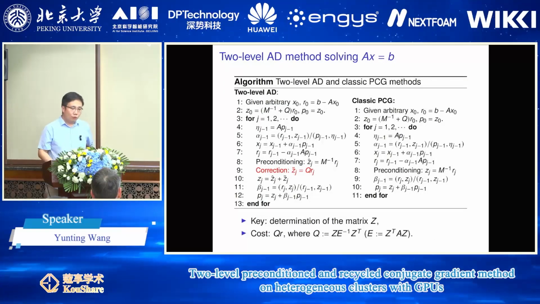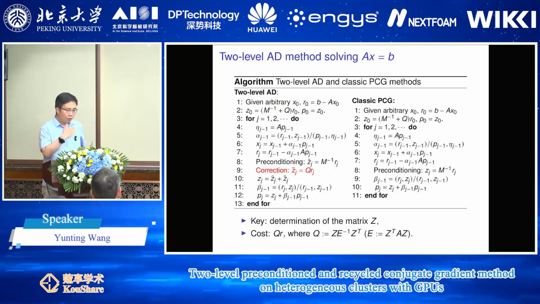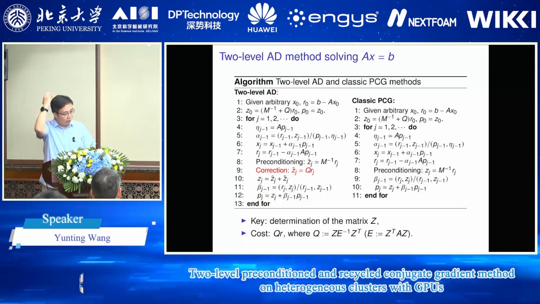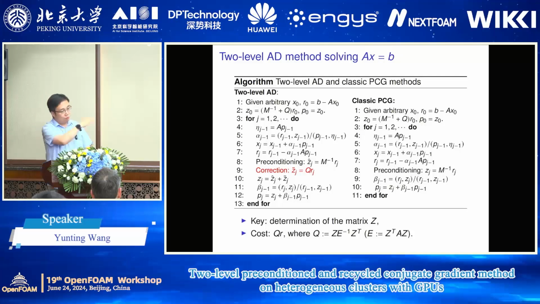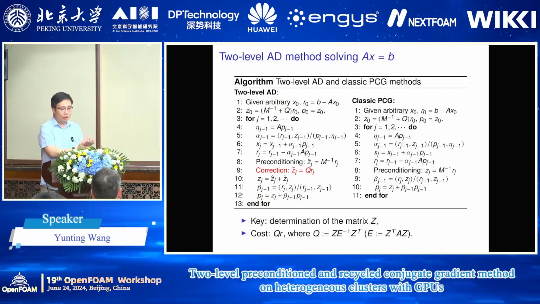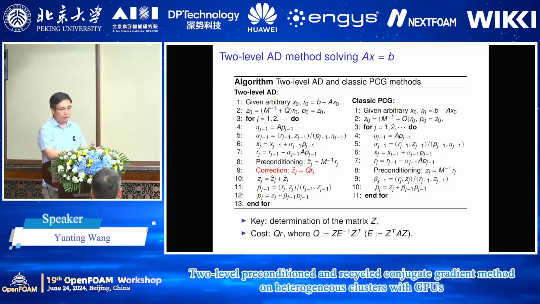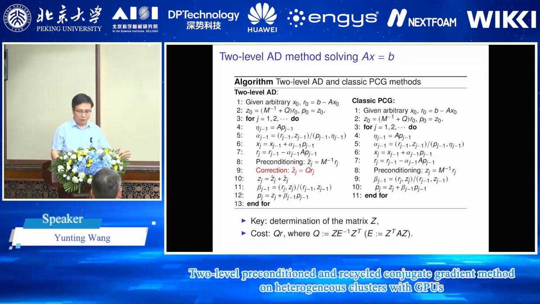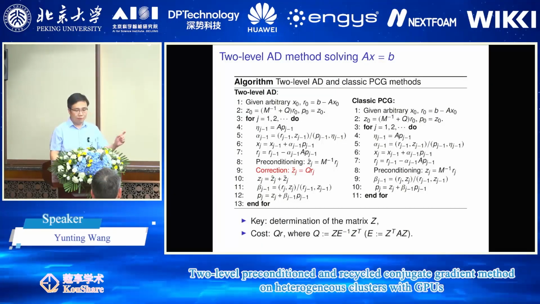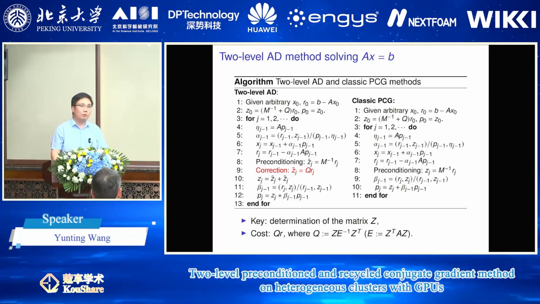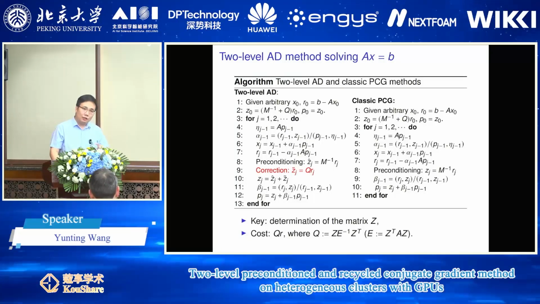Since we use a two-level additive correction scheme, from the previous slides you can clearly see that, comparing the two-level AD method and the classic PCG method, everything looks nearly the same, except that in each loop, after the preconditioning operator has been applied, you have to do another correction.